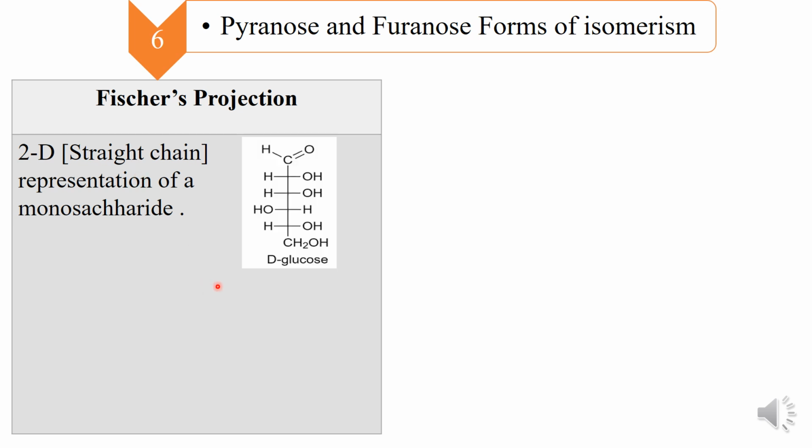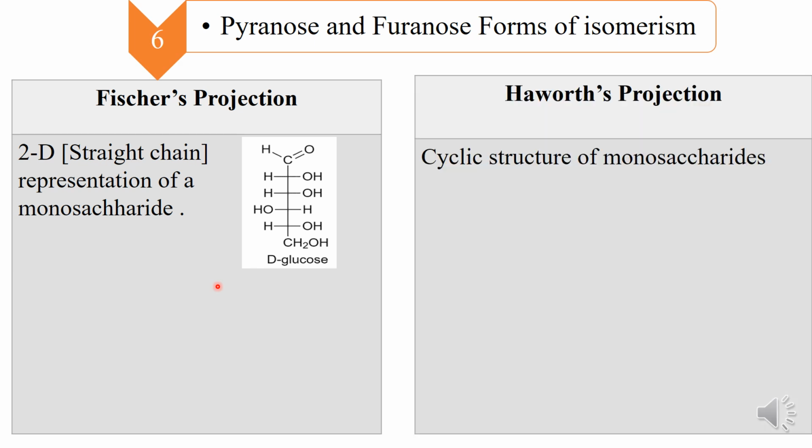And many properties of carbohydrates cannot be explained by this, and therefore it is seen the cyclic structure of monosaccharide, which is known as the Haworth projection. This cyclic structure, when it has 6 members in a ring, it is known as pyran, and when it has 5 members, it is known as furan. This is a property of pentoses and hexoses.